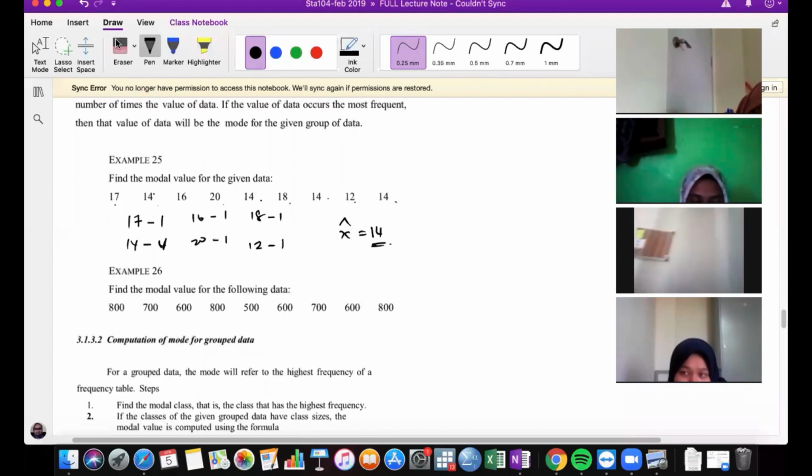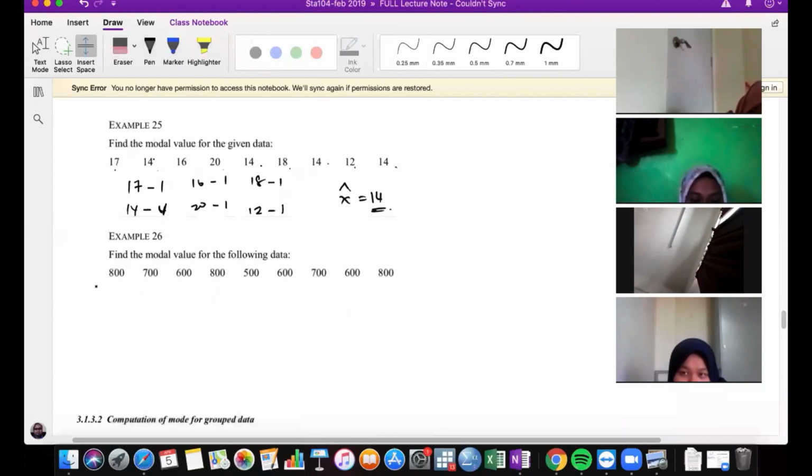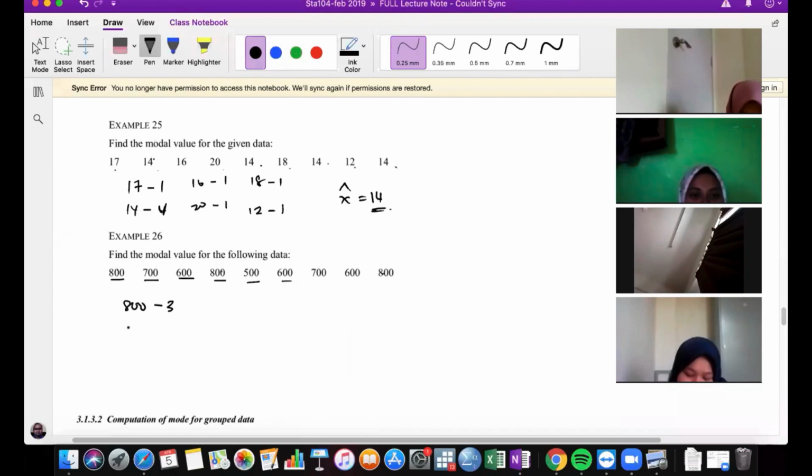Now look at example number 26, right? So we have 800, 700, 600, 800, 500, and so on. So 800, how many observations do we have? 1, 2, 3. We have 3 observations. 700, we have 1, 2.